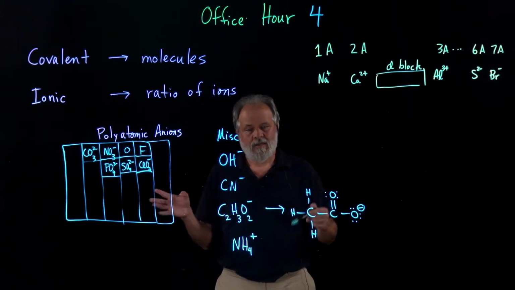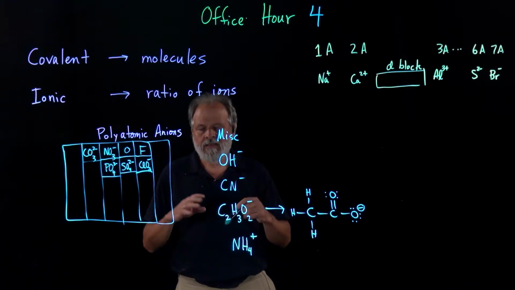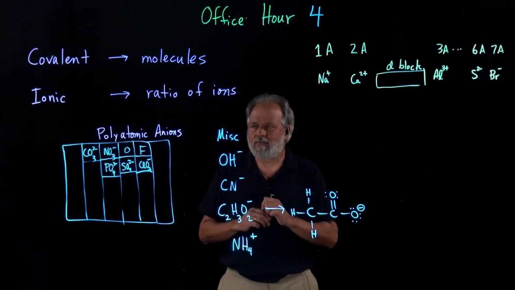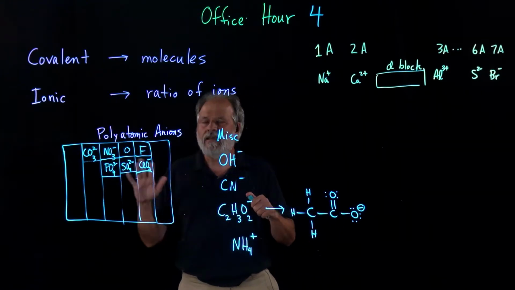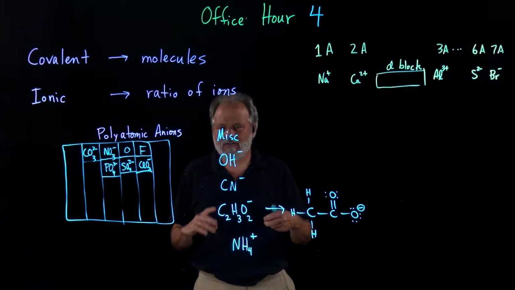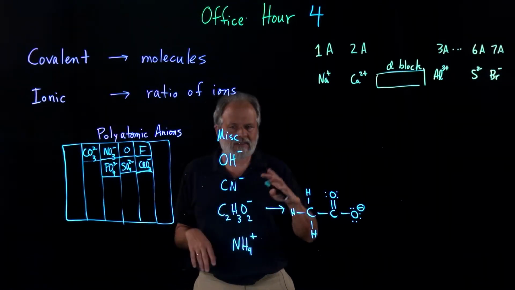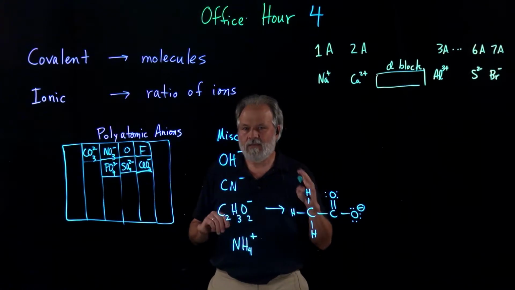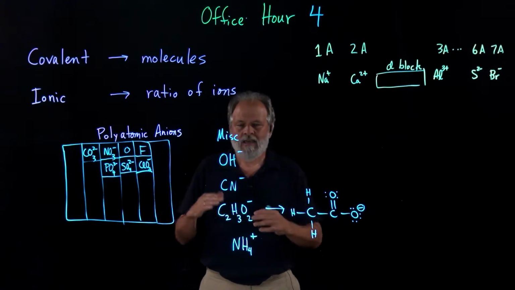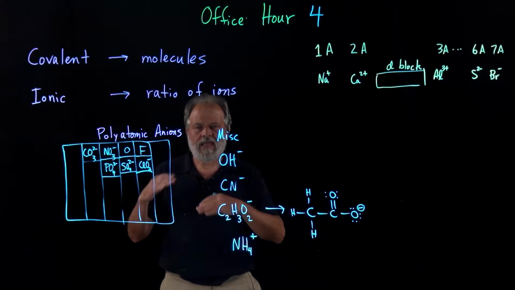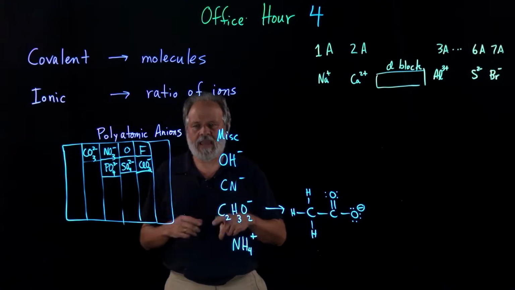Okay, and so the main thing to keep in mind, since I've already done atoms in previous office hour, is that in Chapter 6, it starts off with ions and then ionic compounds and then molecules and covalent bonds that hold them together. And you really need to know instantly by looking which one you have.